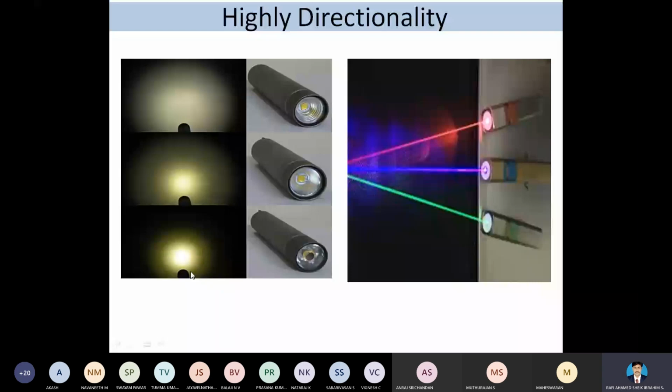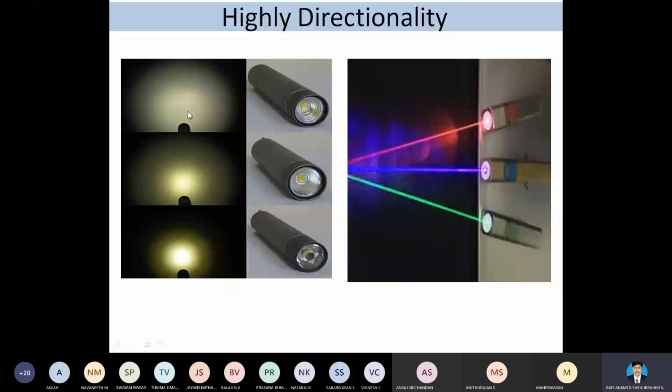When I increased the distance more to 4 meter, and also to 10 meter, we can see the variation. For 2 meter, the intensity and brightness is more. For 4 meter, the brightness is somewhat less. For 10 meter, the brightness is comparatively very less.